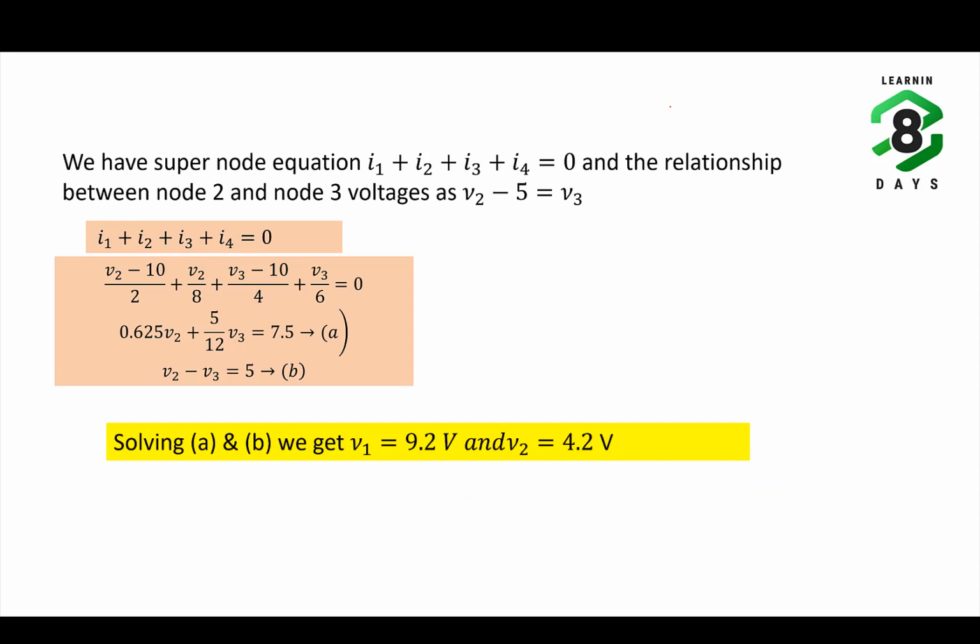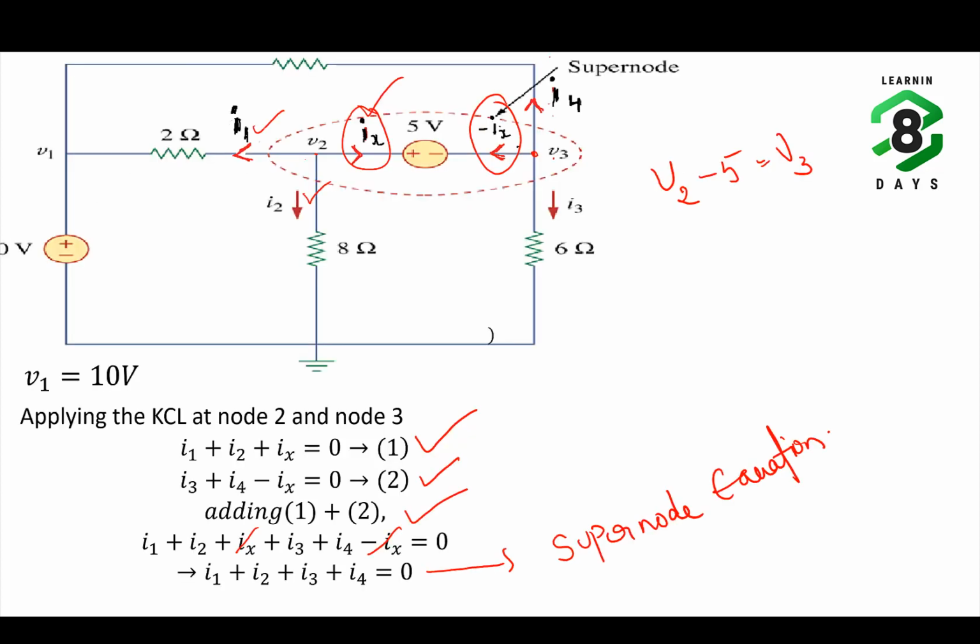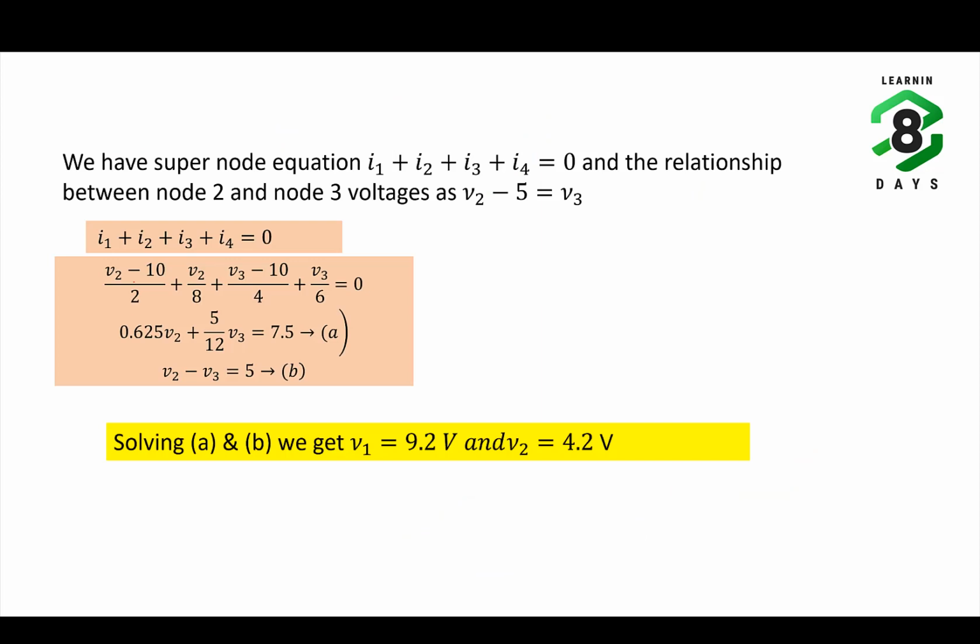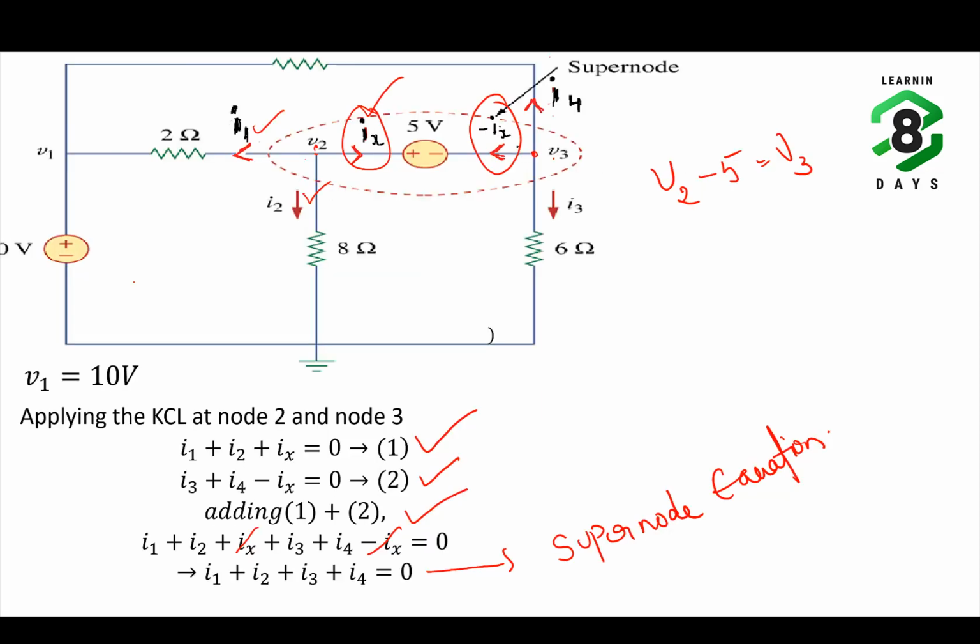Now you have two equations. We are writing the branch currents in terms of the unknown nodal voltages. I1 equals V2 minus V1, and already we know V1 is 10 volts, so I1 is (V2 minus 10) divided by 2. Next, I2 is V2 minus 0 divided by its resistance. Similarly, I3 is V3 minus 0 divided by 6.